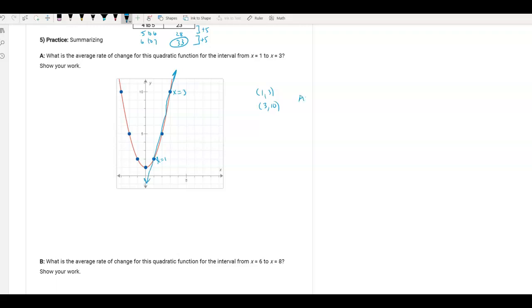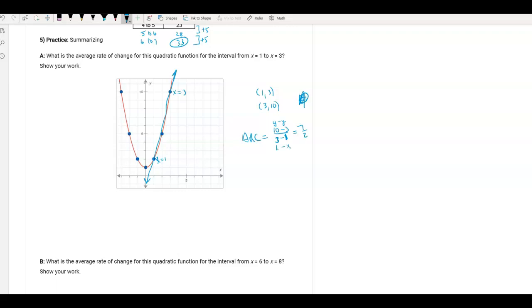So I would say the average rate of change would equal 10 minus 3, so y minus y, over, since I started with 10, I must start with 3, minus 1, and this would give you 7 over 2.